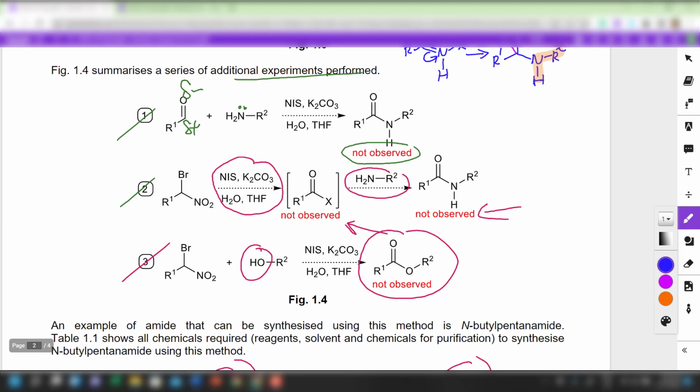Then for experiment 3, as we mentioned earlier, if the alcohol were to react, the protonic hydrogen will first be replaced by iodine, and then the carbon anion will perform a nucleophilic attack on the oxygen, which in our case doesn't take place.